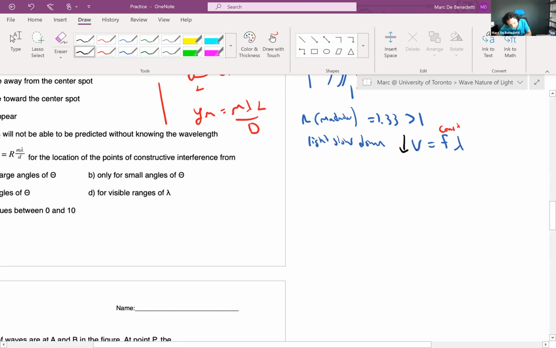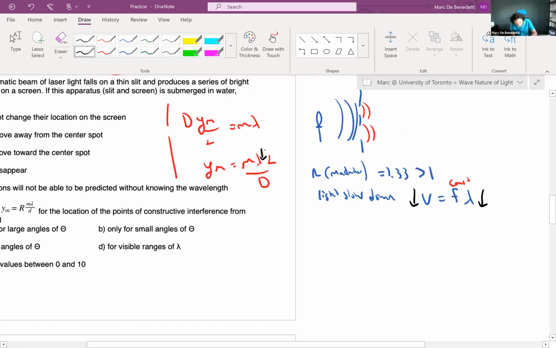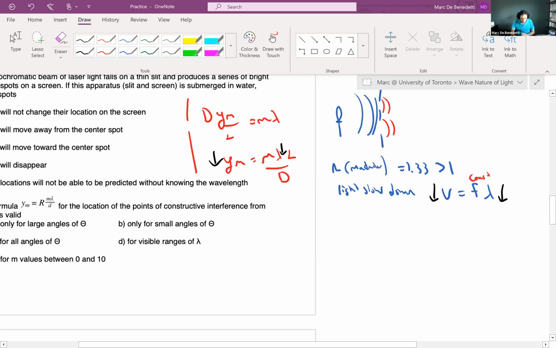So if the speed goes down, lambda also has to go down with it. It does not get longer, it gets shorter. If lambda goes down, then y_m goes down, which means the whole pattern will compress and come together.